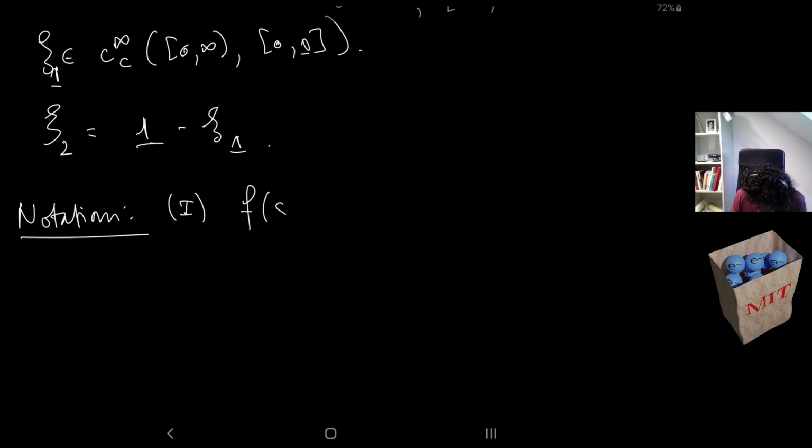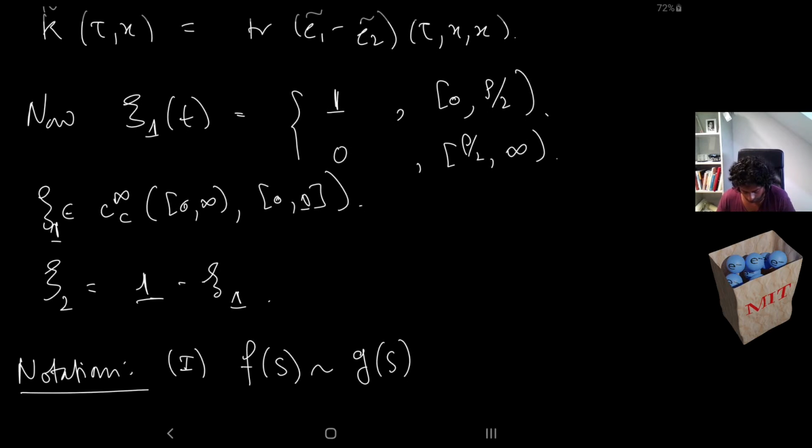Okay, so now let's introduce some notation. Okay, so we say that f of s, g of s, rho on 2 to infinity. No, the interval below. This is 0 to 1. Is that what you mean? Yeah.